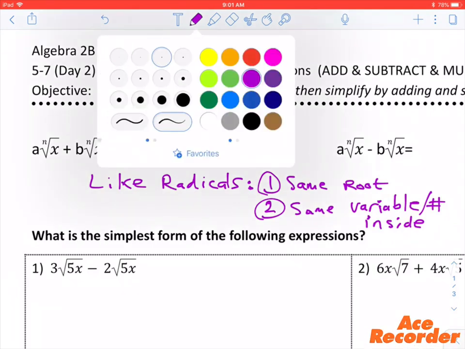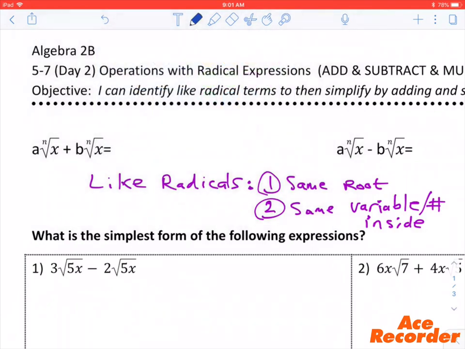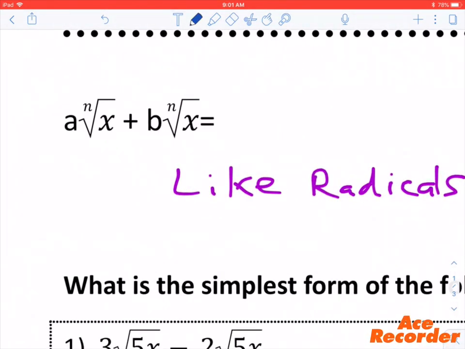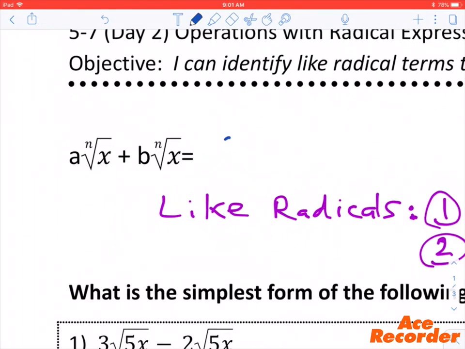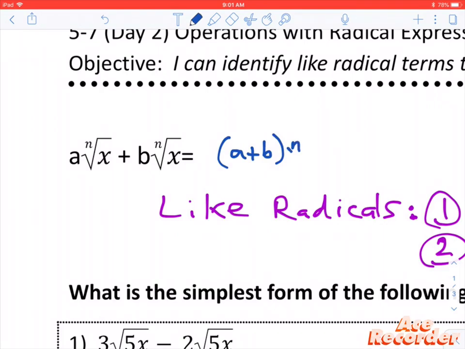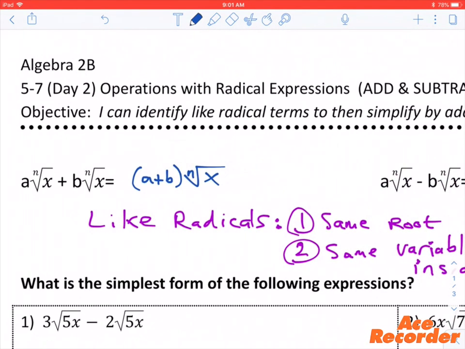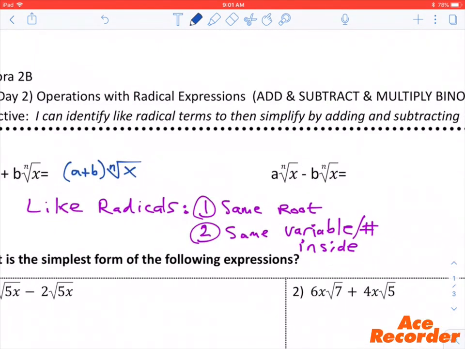So if you look at these two examples, if these were numbers, we could go ahead and add these together. So I would say a plus b, whatever that is, nth root of x. So nth root of x doesn't change. Same thing here, a minus b, since it's subtraction, and then nth root of x doesn't change.